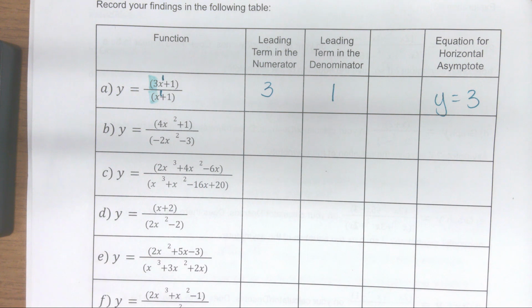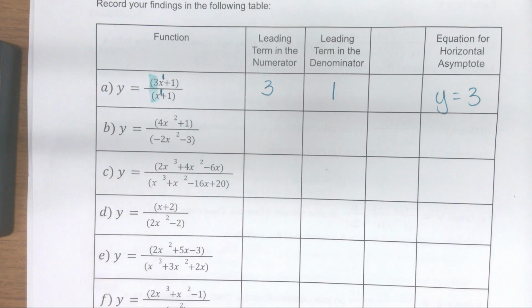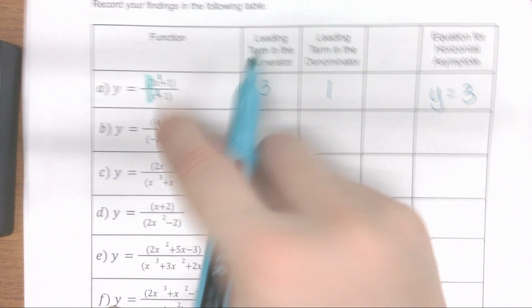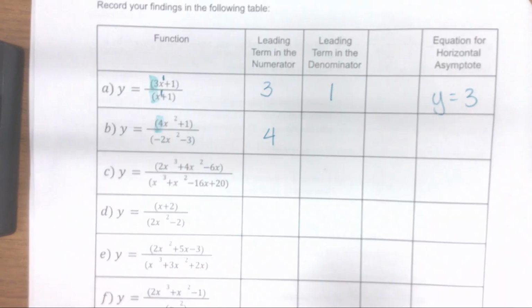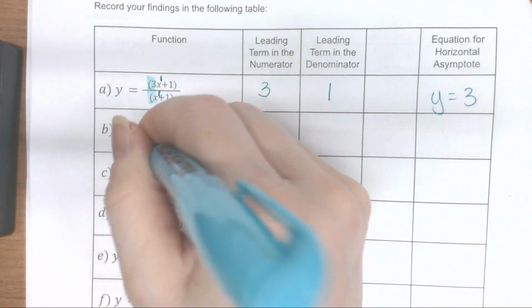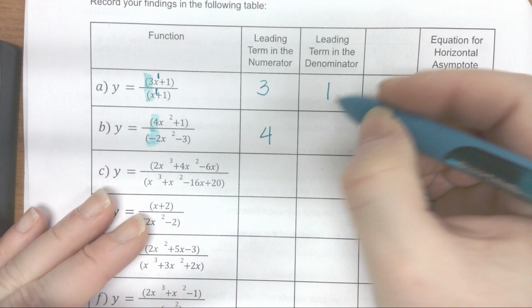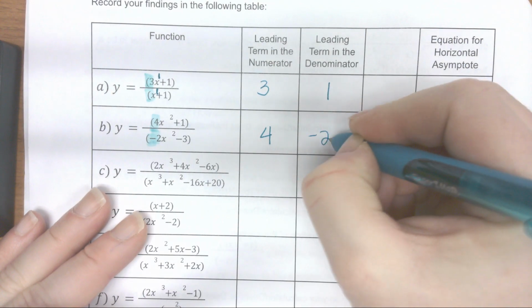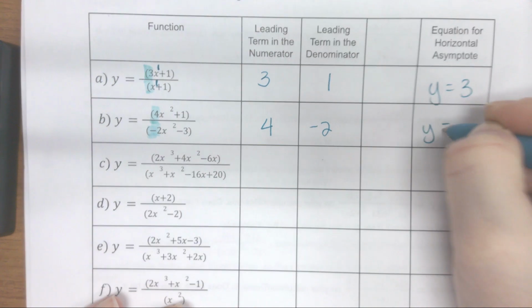Okay. So the leading coefficient in the numerator here, this is an x squared, is 4. The leading coefficient in the denominator is -2. And the equation you should have gotten for the horizontal asymptote for this one was y equals -2.